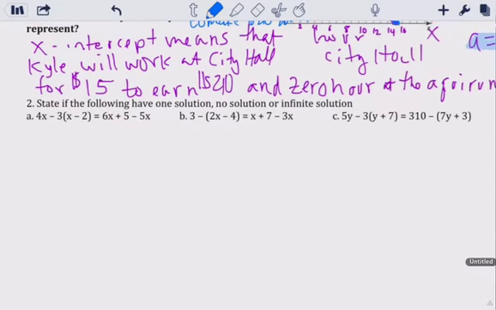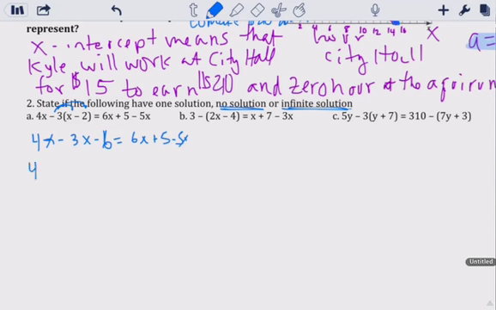Okay, one solution, no solution, infinite solution. Remember that? Distribute first. 4x minus 3x plus 6 equals 6x plus 5 minus 5x. Oh, I need to write smaller. Anyways, I'll erase it after.